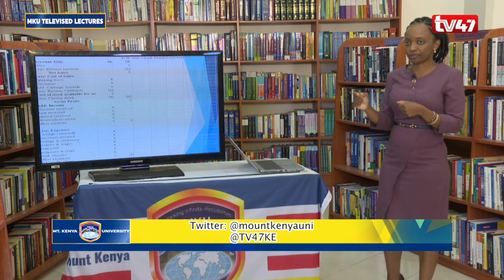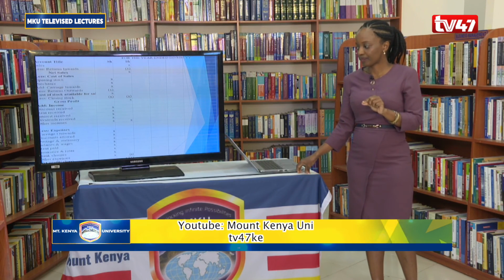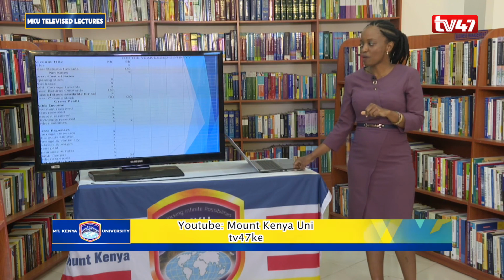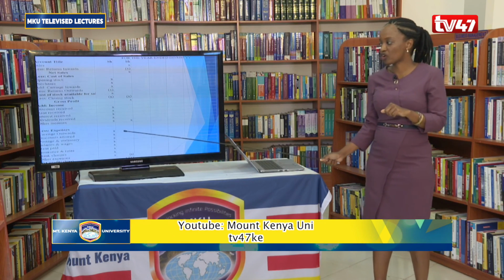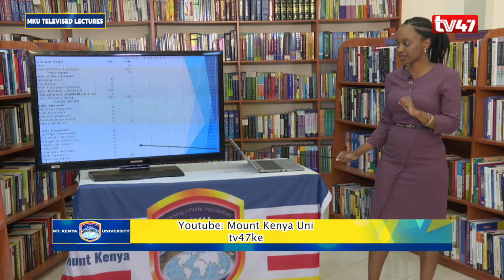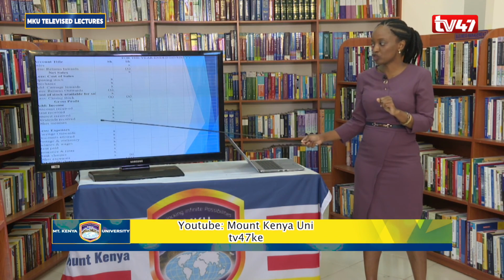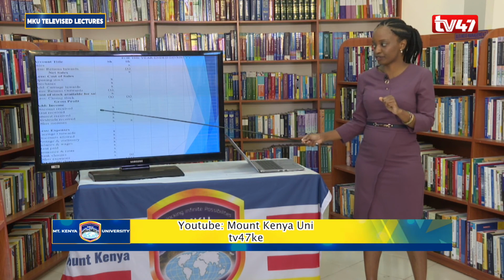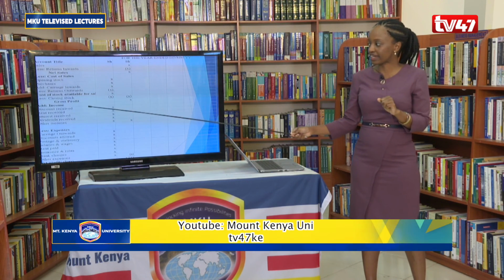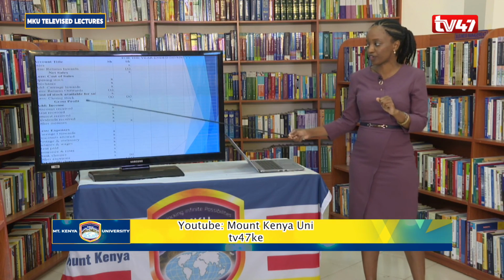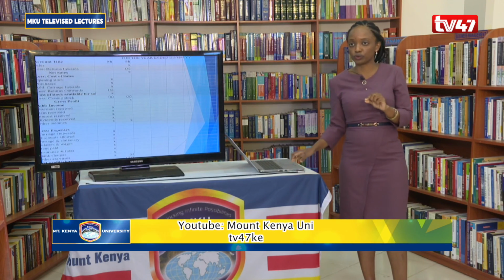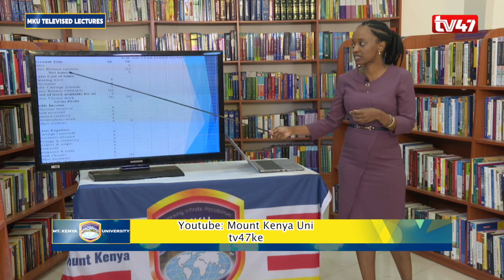So as we wrap up, it's only good enough that a business tries to minimize on the occurrence of expenses, and then, of course, try as much as possible to diversify so that they can get additional sources of income. You don't have to, say, rely on just this particular sales.